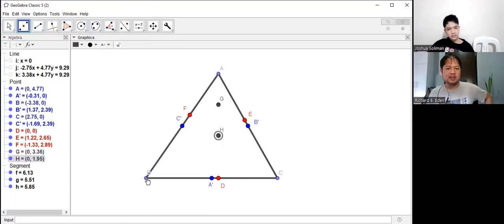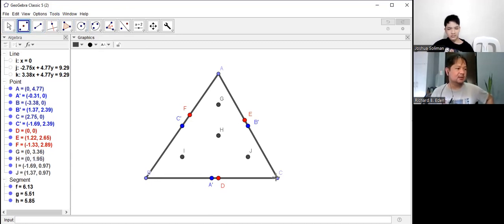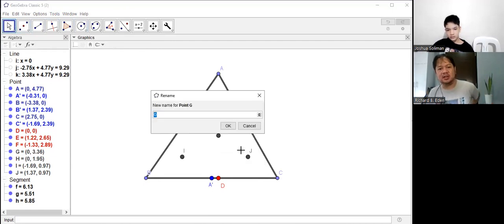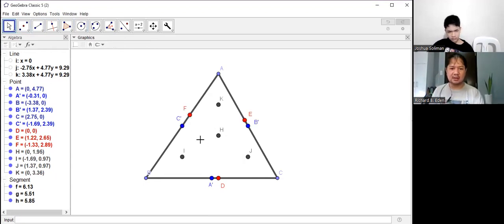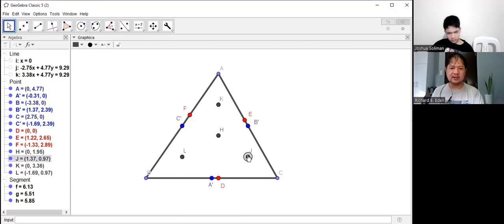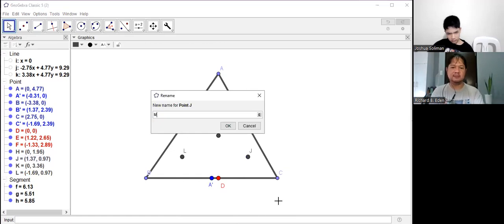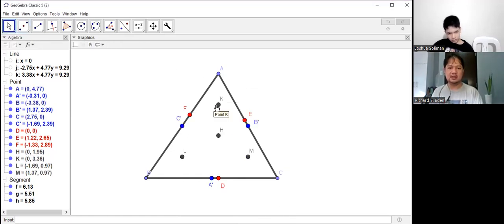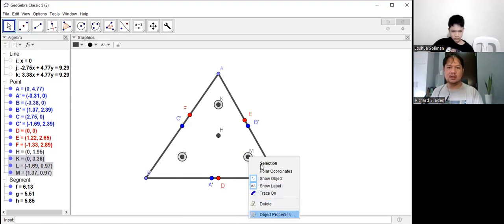From H to B, and from H to C. So let's call them K, L, M. I just want to avoid G because G is usually reserved for the orthocenter. So K, and then this is L, and then this is M, and K, L, M in green.